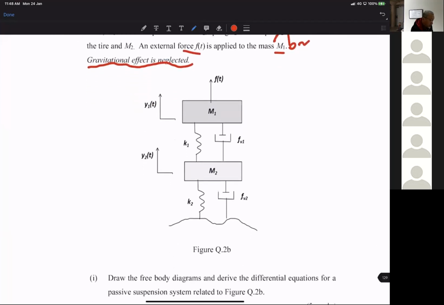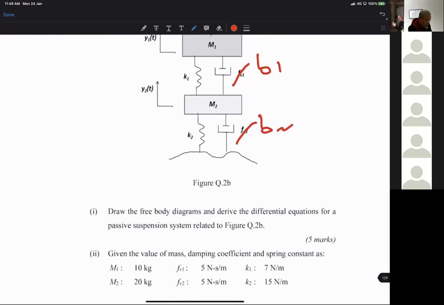So you can assume gravity effect is 0. So this one is B1, this one is B2. Okay. So don't use FB1 and FB2 because it's too complicated. Okay, make the analysis complicated. So as usual, you have to draw the free body diagram and derive the differential equations for the passive suspension system.